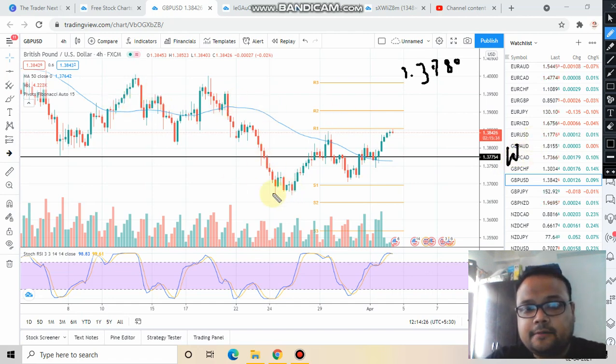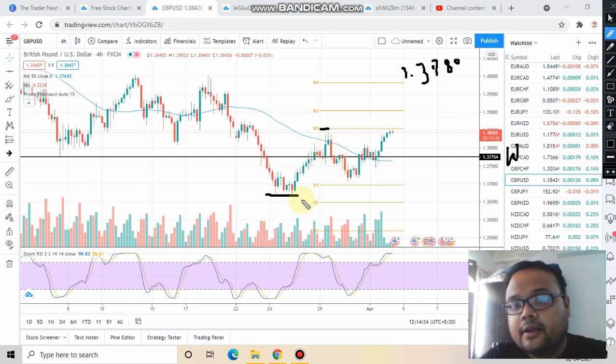As you can see, this is the low. Market went up, made a high. Market came down again, but market did not break the previous low. Market made a higher low. Again market went up, market failed to break the previous high, and market also did not break the previous low.